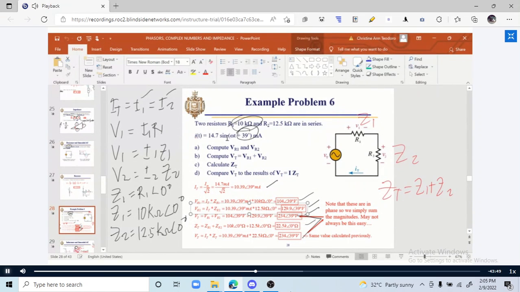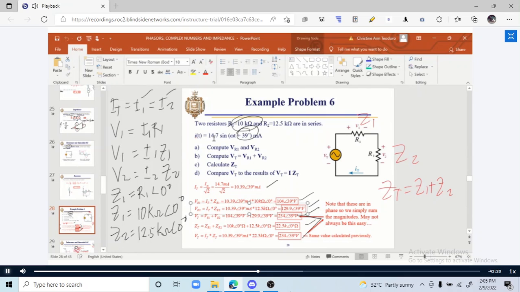Okay. We convert time domain format to frequency domain because we cannot actually use this to compute. We need to convert it into a complex number format, and a complex number format is in frequency domain format.